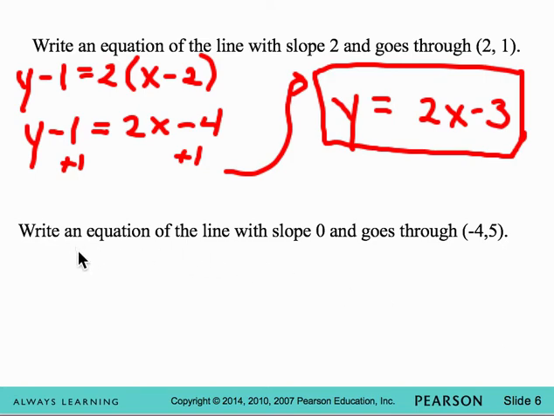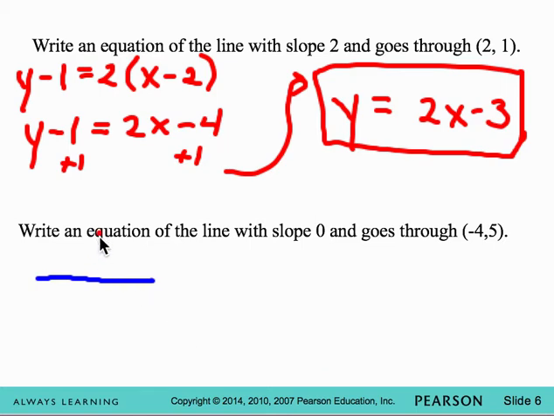Okay, write an equation of the line with slope 0 that goes through this point. I hope you noticed something special, right? All this stuff goes out the window. If the slope is 0, that means it's a flat line, right?